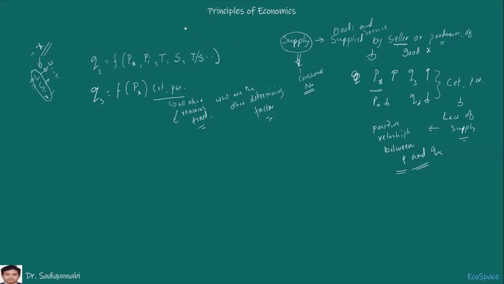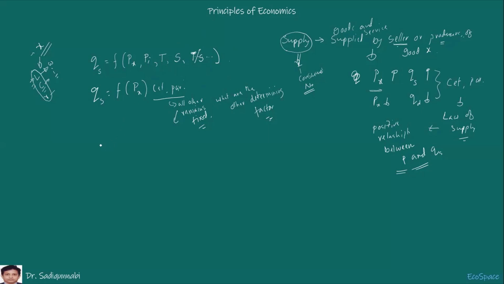When government increases a tax, then producers will decrease the supply. When government applies a subsidy, that means government gives some money to producers, producers supply more. When there is a tax, they supply less, etc. Okay, so we can stop here. We have found 1, 2, 3, 4, 5 items, 5 determining factors. So these are called determinants of supply.